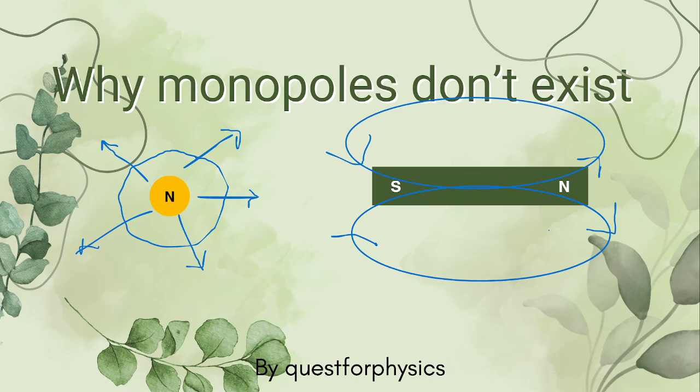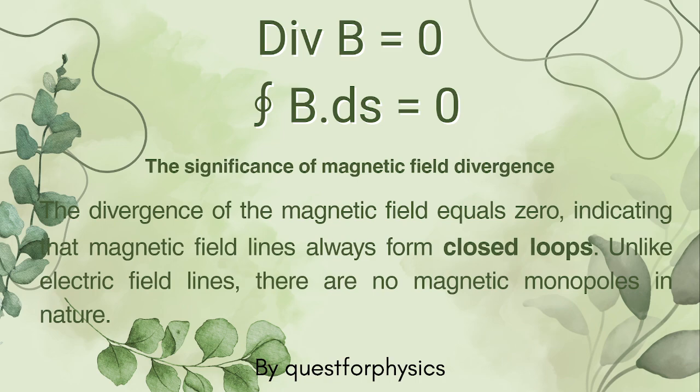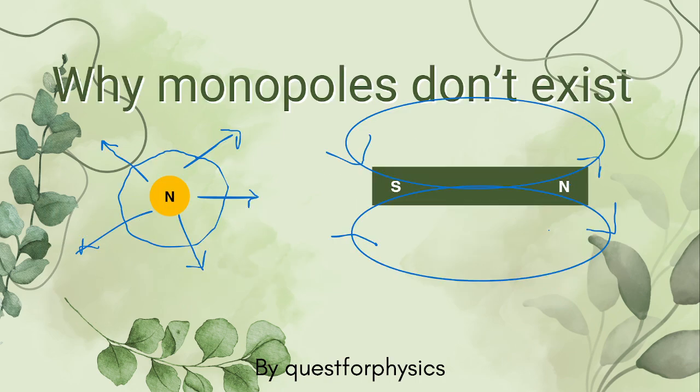Now you understood how magnetic field lines form closed loops and why monopoles don't exist. So Gauss law of magnetism tells us why magnetic fields form closed loops and why monopoles don't exist.